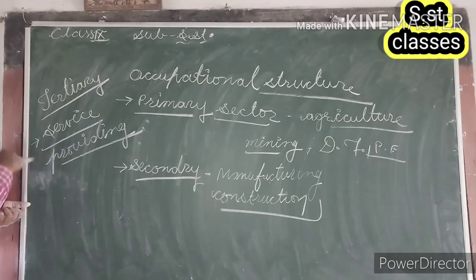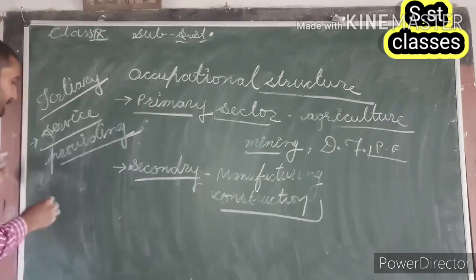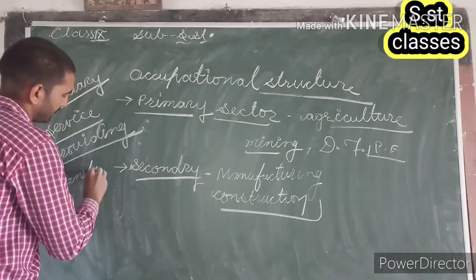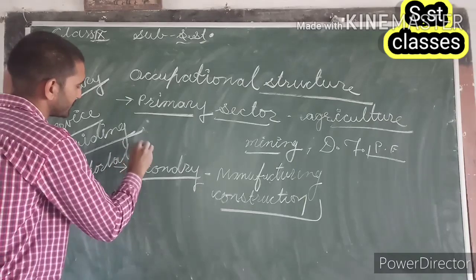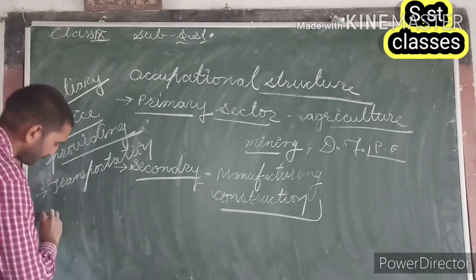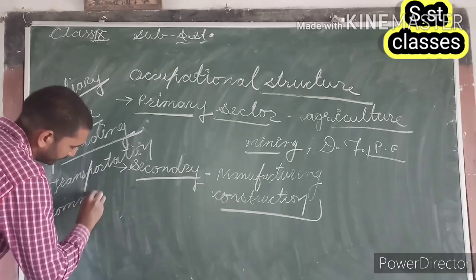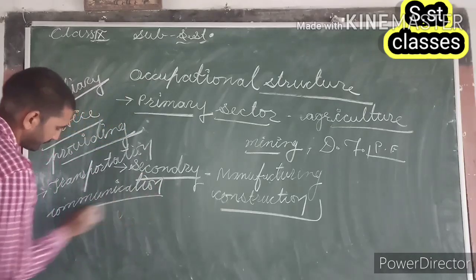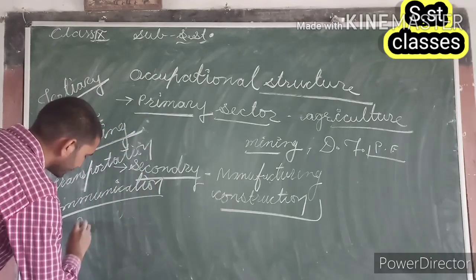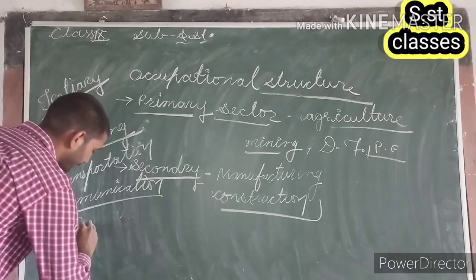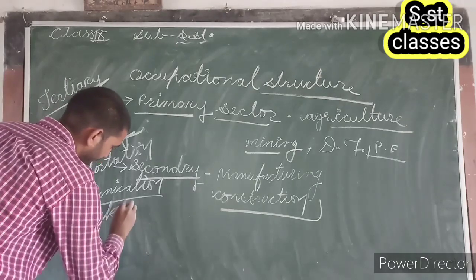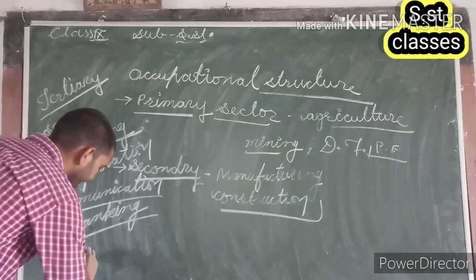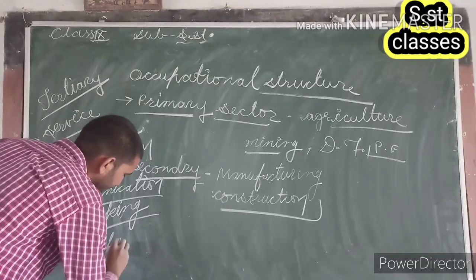Now after that, the next point: which are the major activities included in the tertiary sector or in the service sector? This sector is also known as the service sector. The major activities included in this sector are transportation, communication, banking services, and along with that the administrative activities.